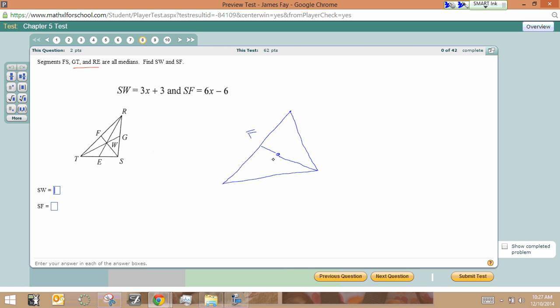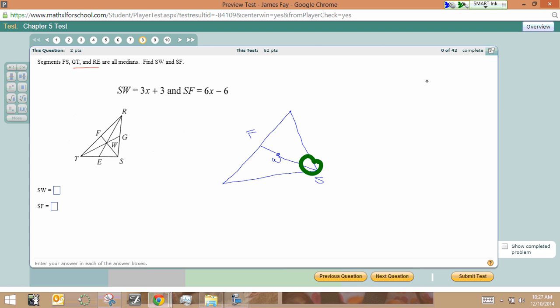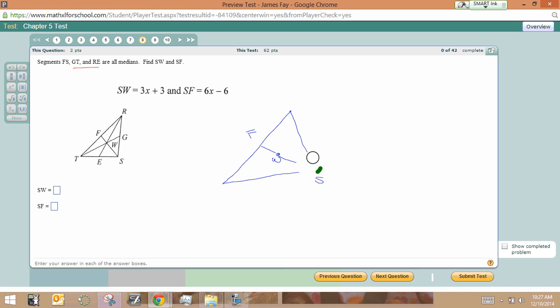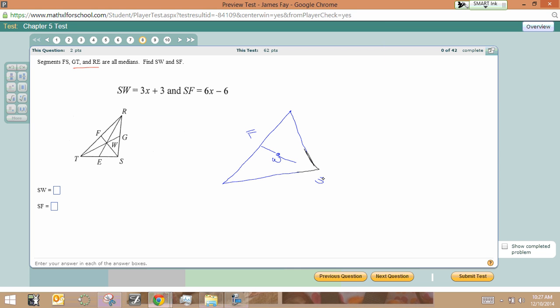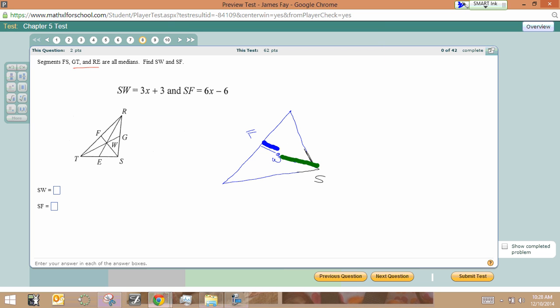So there's F, there's W, there's S. The parts they give me: SW, which is going to be that part, and they also give me SF, which is that part.